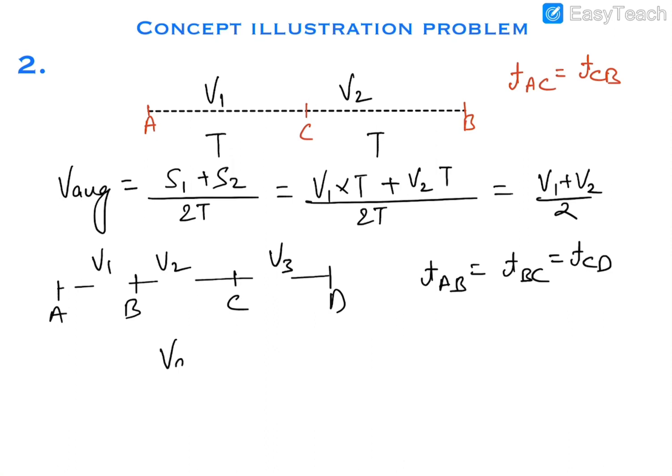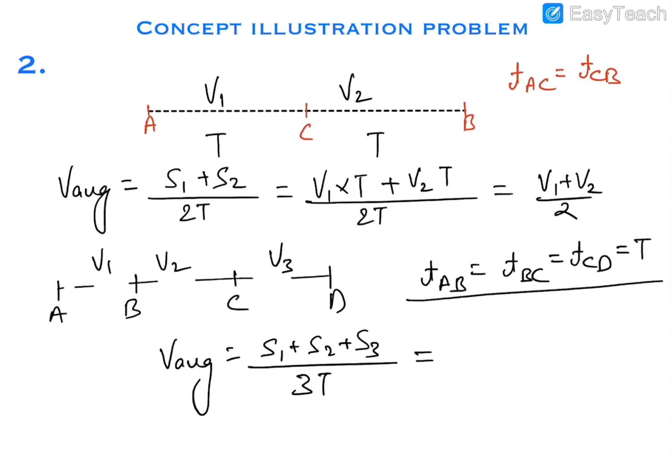So v average would be equal to s1 plus s2 plus s3, because these distances would not be the same, obviously, because it is traveling with different velocity for the same time, and the total time would be 3t, where t is the time taken by the body to reach from A to B. So let us assume that this time is t.